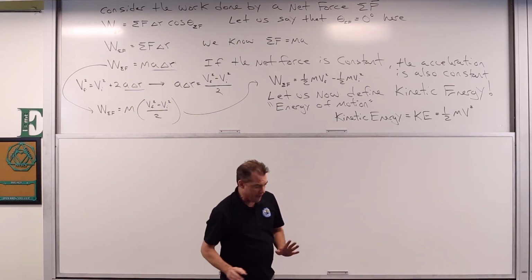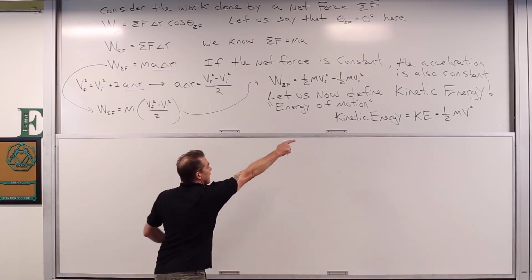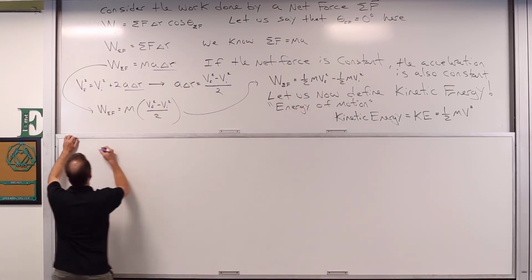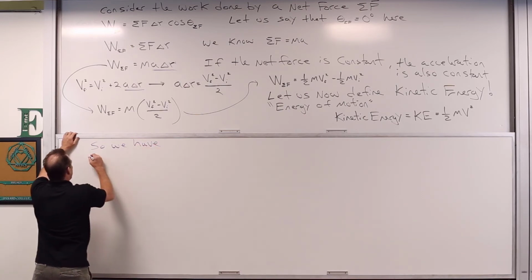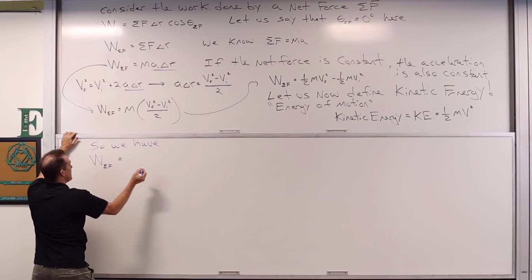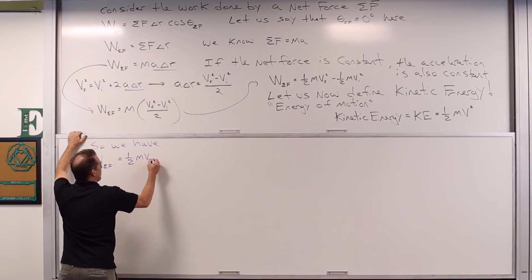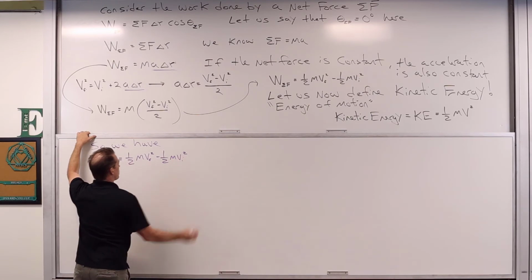So what we have at this point is from this right here. I'll write it down again. We have the work done by the net force is equal to 1/2 mv final squared minus 1/2 mv initial squared.